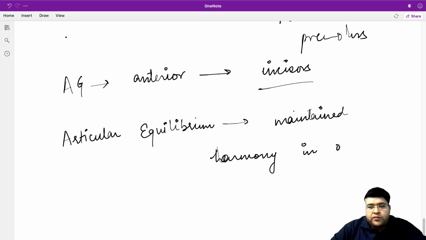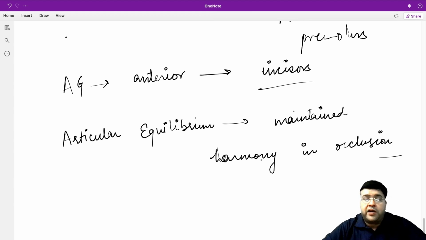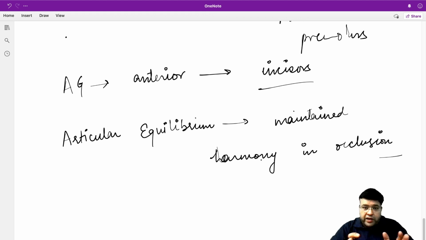That is what we need to understand, that these are different determinants. The TMJ or the posterior determinants are going to affect more the teeth which are closer to it, and all other determinants are going to act on the anterior part more because they are closer to the anterior teeth.